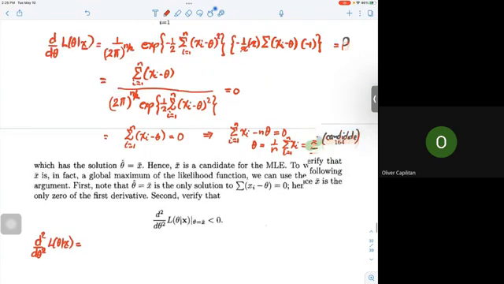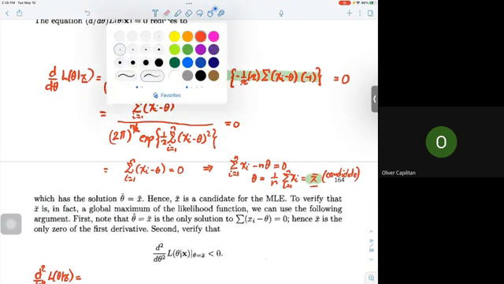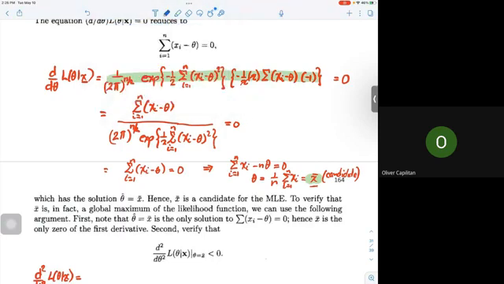Okay, so we're going to use this. Itong part na to sa itaas. Ito. Say we consider this function f. Consider this as a function g.